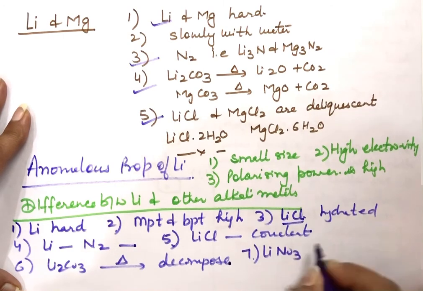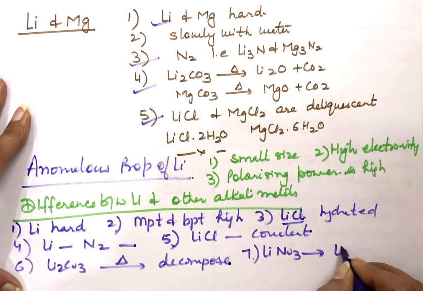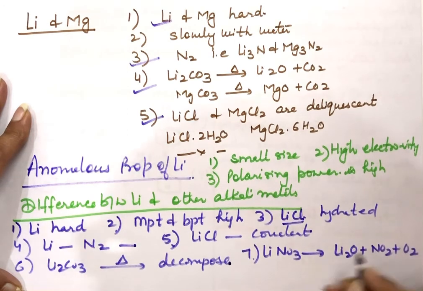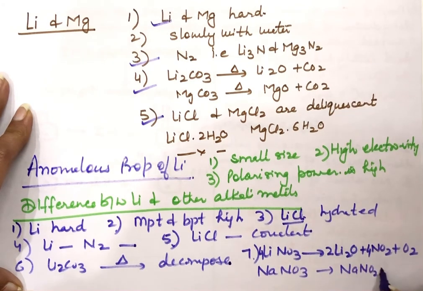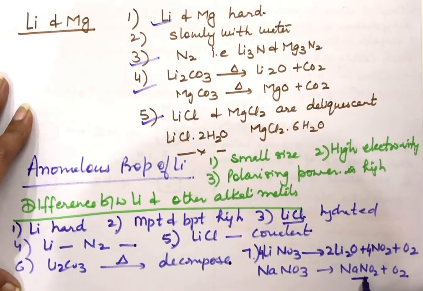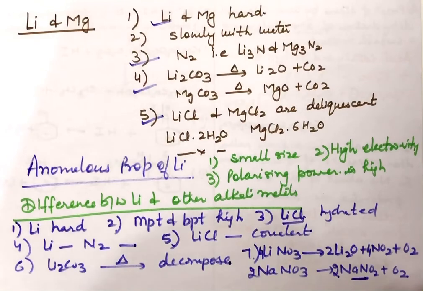When we heat it, it will decompose to form lithium oxide, nitrogen dioxide, and oxygen. But if we take any other alkali metal nitrate, like sodium nitrate, it will change to NaNO2 plus oxygen. So there is no oxide and nitrogen dioxide; in this we have nitrite. So this is the difference between lithium and other alkali metals.